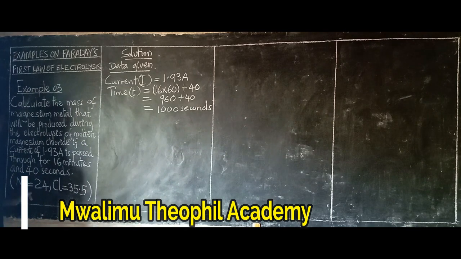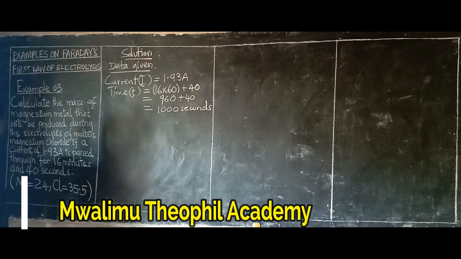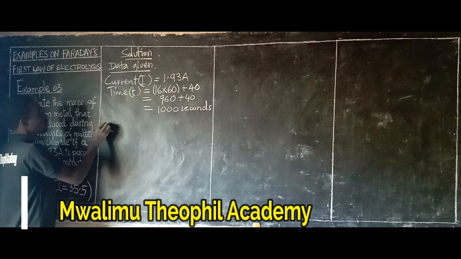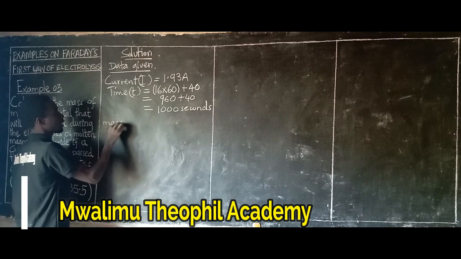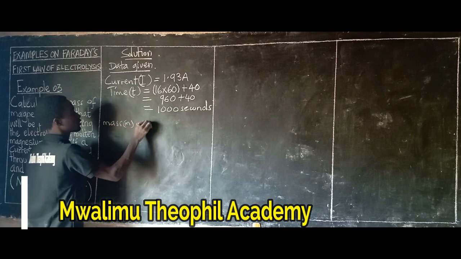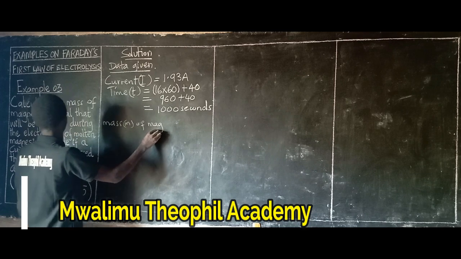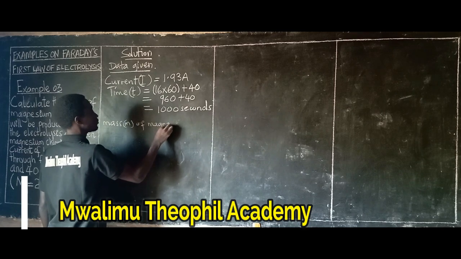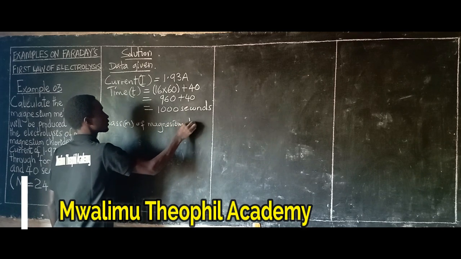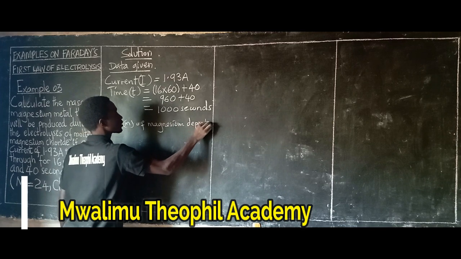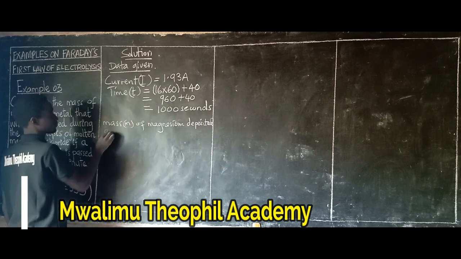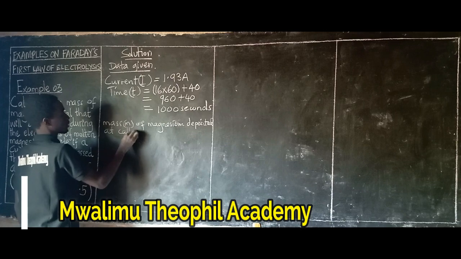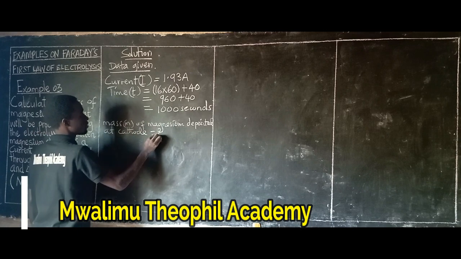Also, we are given the relative atomic masses of magnesium and chlorine. So what is required here is to calculate the mass of magnesium metal deposited. Mass M of magnesium deposited at cathode is equal to how much?